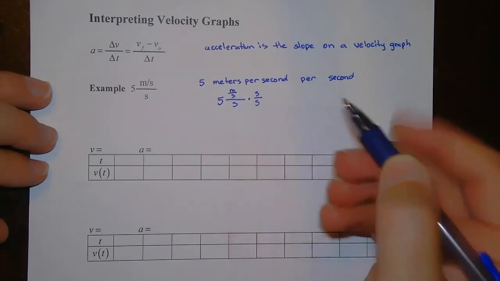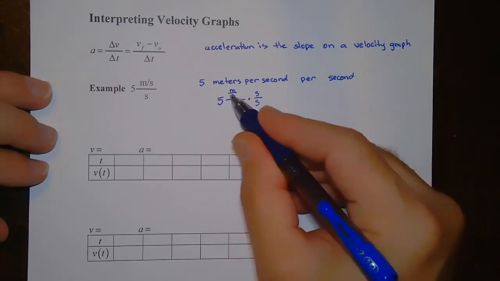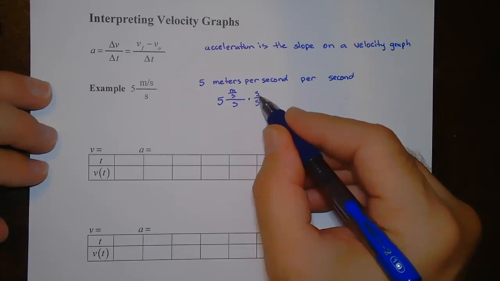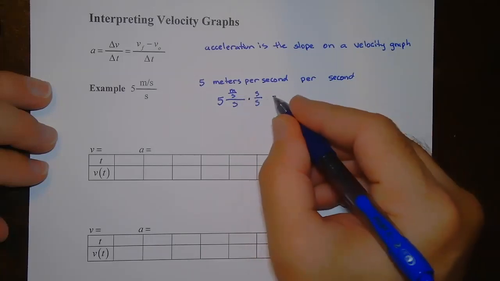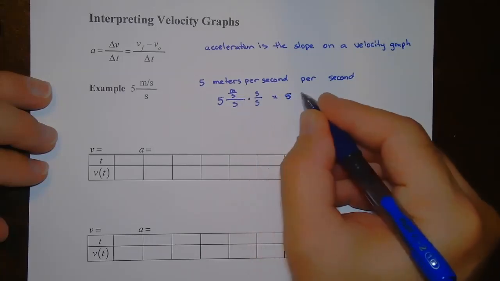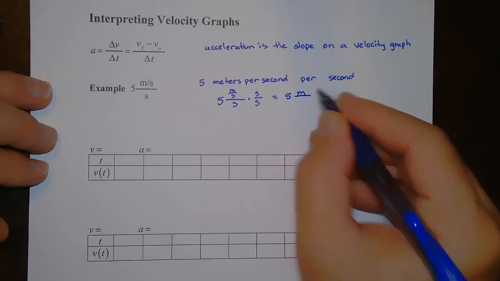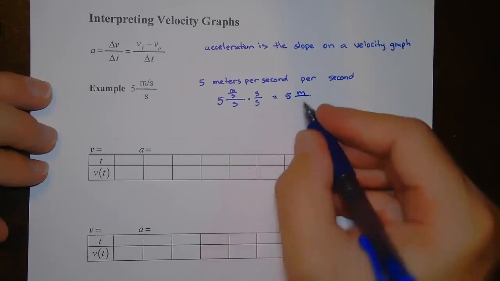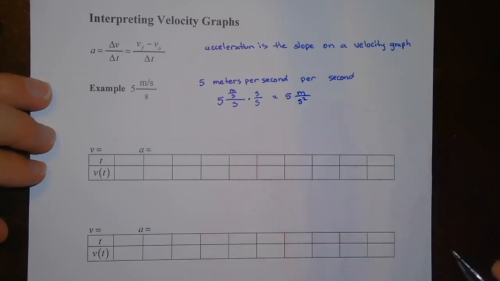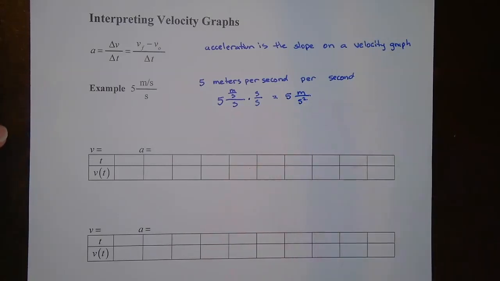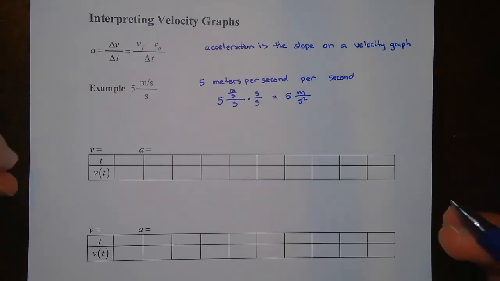The seconds cancel, and this is the same as 5 meters over second times second, which is second squared. So you're going to see acceleration expressed as something like 5 meters per second squared. That's the standard unit for acceleration.